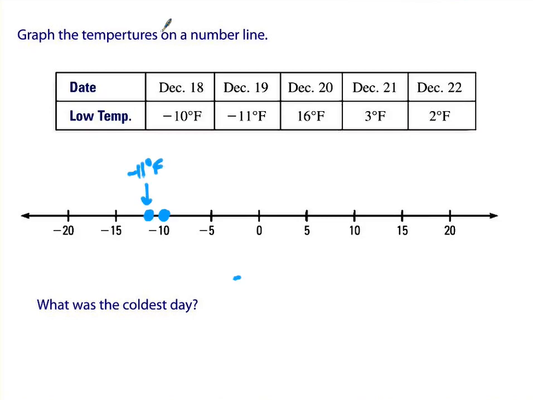Next one is going to be 16 degrees. So that was a nice big swing right up here. 16 degrees Fahrenheit. Next one is 3 degrees. Be about right there.